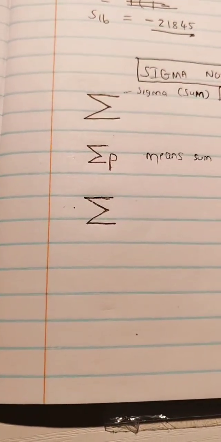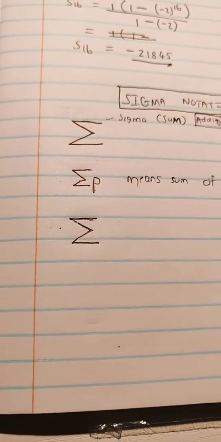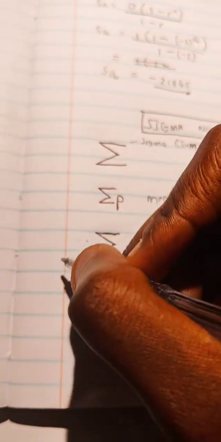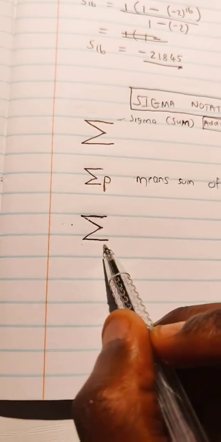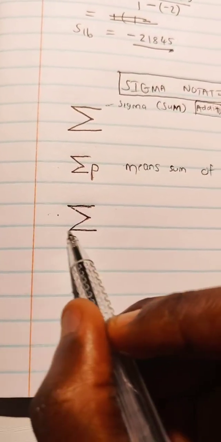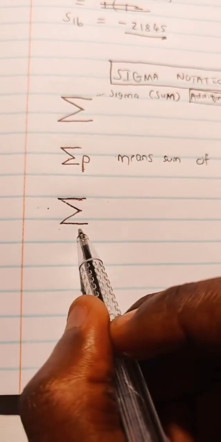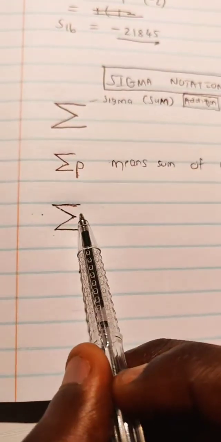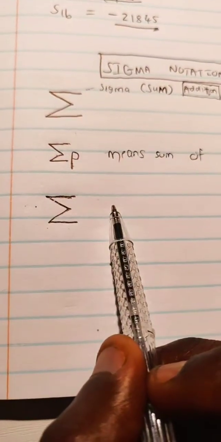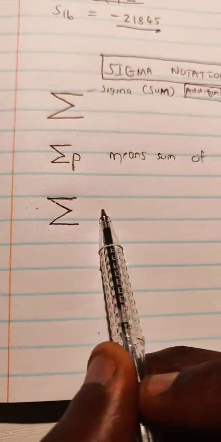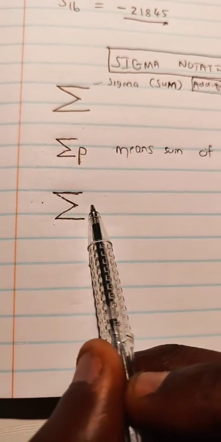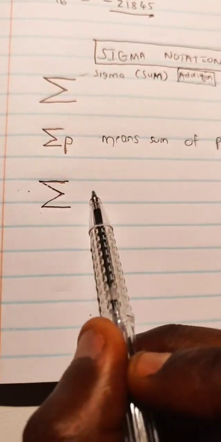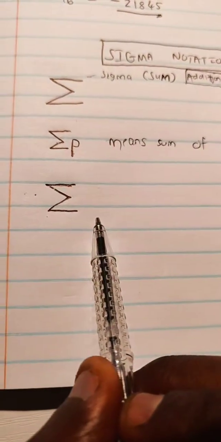Typically, with sigma notation, when it comes to our series, there is a number at the bottom of the sigma symbol, there is a number at the top, and then there is a formula placed next to the sigma symbol.